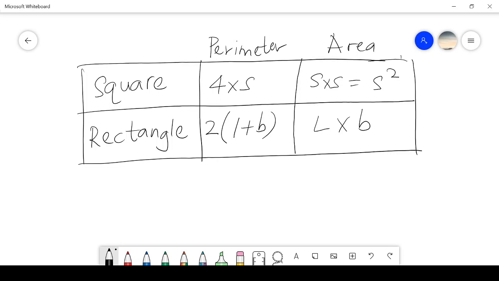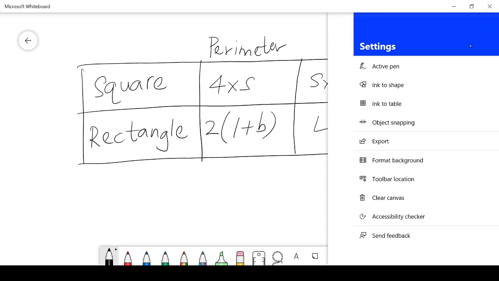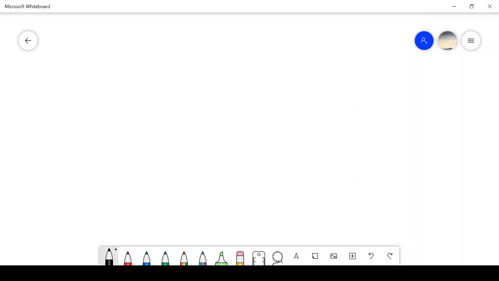Now let's move on to a small investigation that's going to assist us in working out the area for a rhombus and a parallelogram. So we start off by drawing a parallelogram.